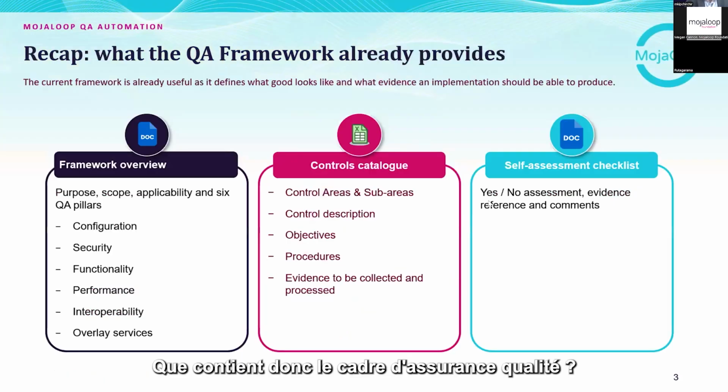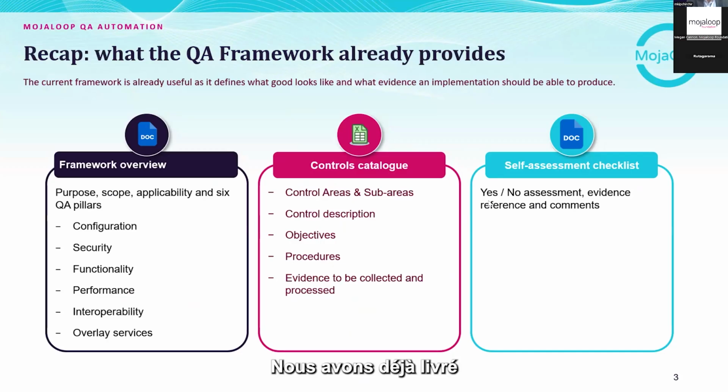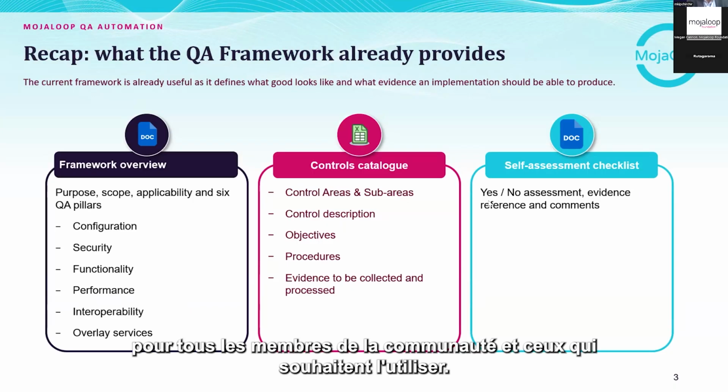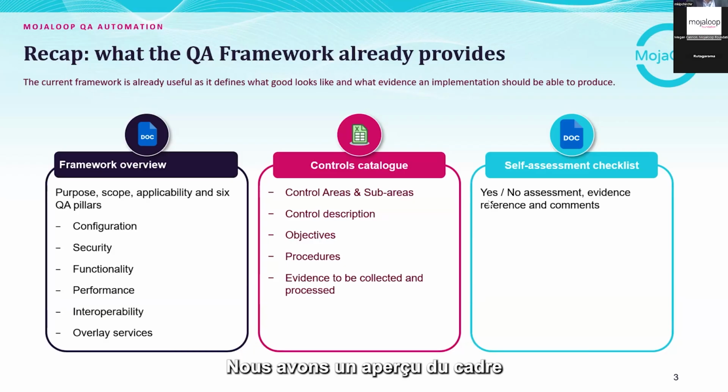What is contained in the QA framework? We have already delivered the framework, which is largely in documents, and it was delivered in 3 documents, and this is available to all the community members and those who want to use it. We have a framework overview which defines the purpose, the scope, and applicability of the 6 QA pillars.